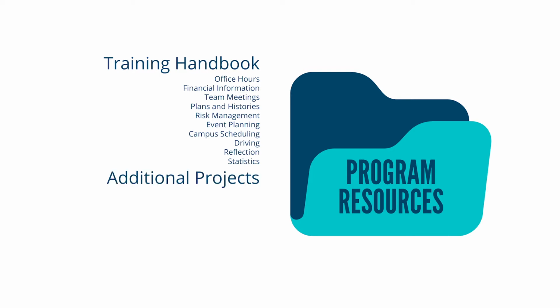You'll also find additional information, files and forms, and a marketing guidebook. In your programs folder, you'll find additional information about your program, including histories and plans, passwords, and other resources for your specific program needs. Everything you do for your program should be recorded here, so it can easily be passed on to future leaders.